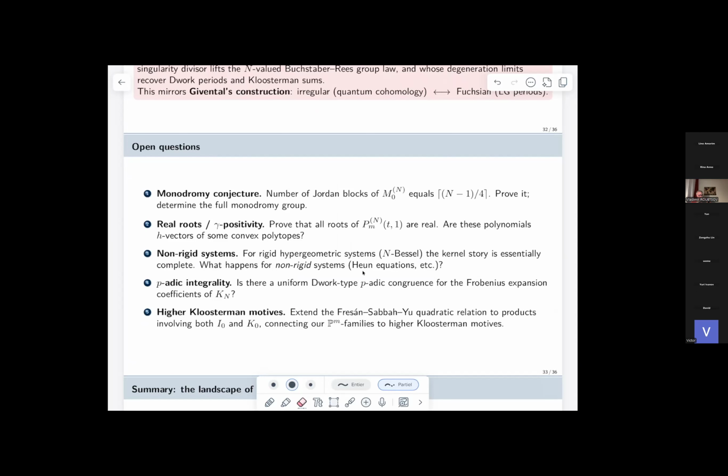You have some local system, all right? You can, as you said, take some solutions to the corresponding differential equations, forget that it was ℓ-adic, multiply them and write it as a multiplication kernel, and it's somehow related to this Katz middle convolution kernel. So I'm thinking in the wrong direction.